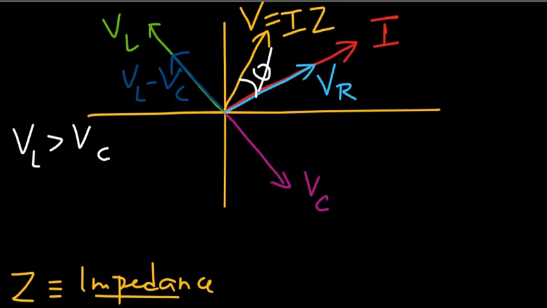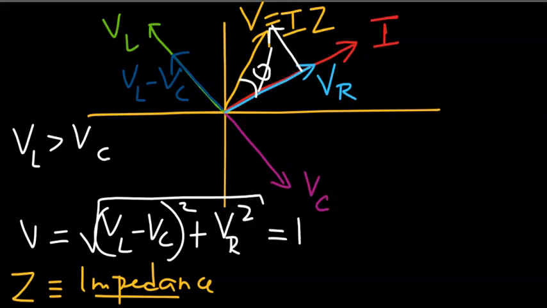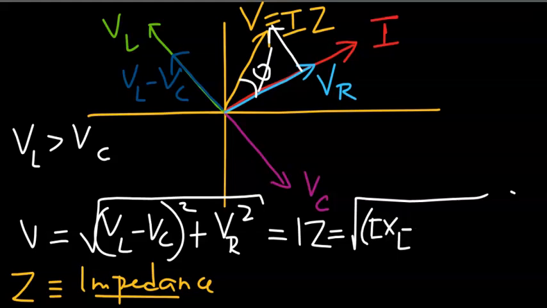From the diagram, we see clearly that V is quite simply the square root of (V_L minus V_C) squared plus V_R squared. In other words, I times impedance equals the square root of (I times X_L minus I times X_C) squared plus (I times R) squared.